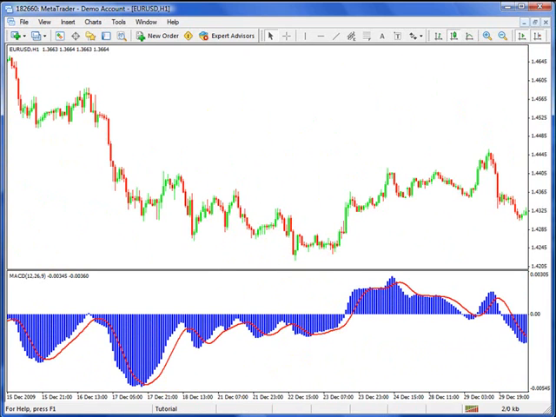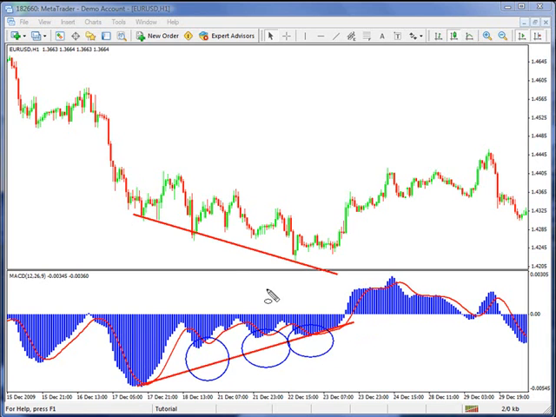If I draw a line across these bottoms right here, and I draw a line right here, down here, what we can clearly see is here we are making higher lows, and here we're making lower lows.